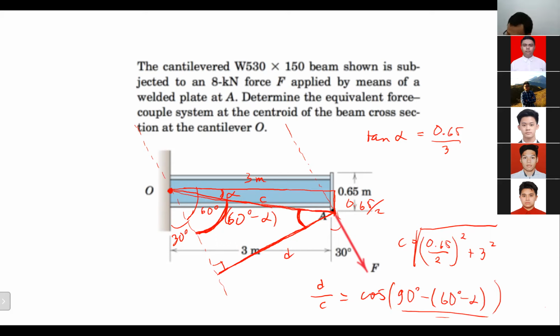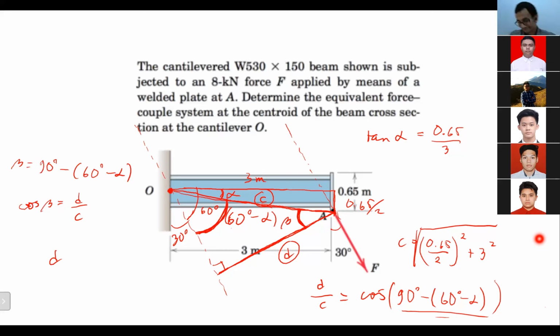So cos beta will be D divided by C, where beta is equal to 90 degrees minus 60 degrees minus alpha. So after we find C and alpha, we will be able to find D.